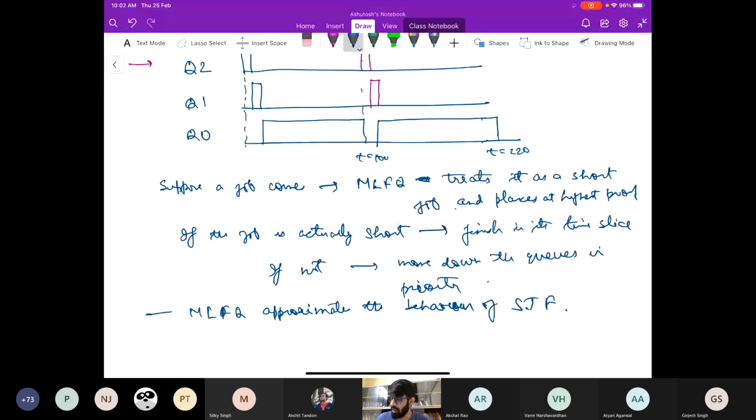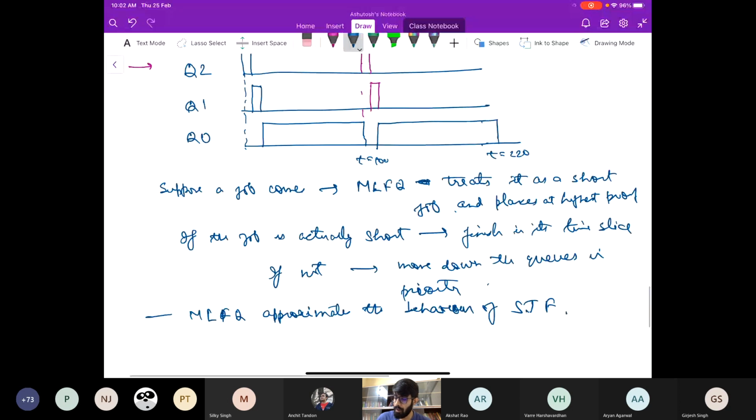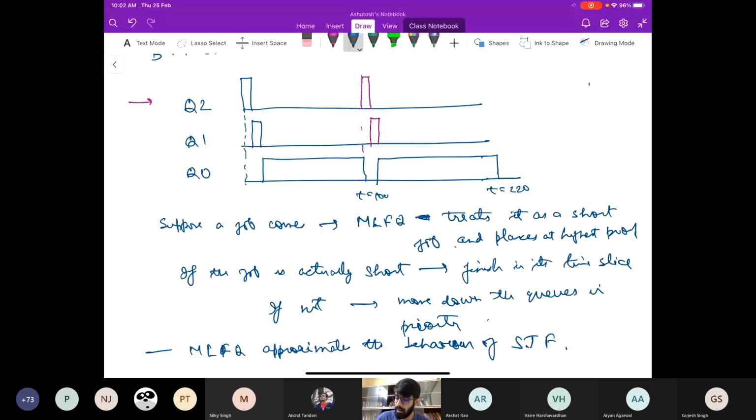Any questions about this till now? Yeah, I had a question, not exactly related to this. If a job's completion time is more than the time slice, would it ever give up control before the time slice finishes? It depends. If it does IO, then it can.